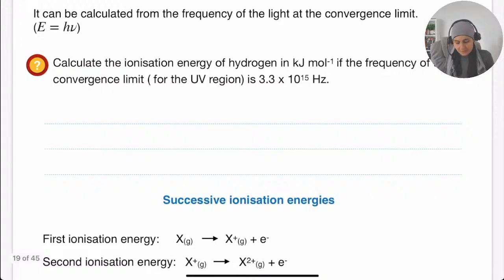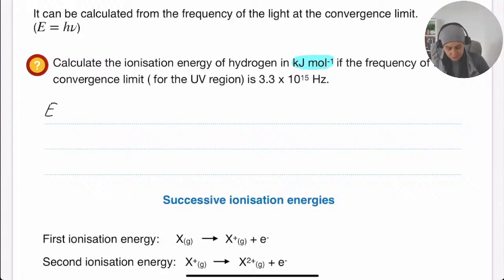Question. Calculate the ionization energy of hydrogen in kilojoules per mole. This is the part where everyone makes mistakes. The frequency of the convergence limit for the UV region is 3.3 times 10 to the power 15 hertz. So we know the frequency of the convergence limit, and from there we can find energy.